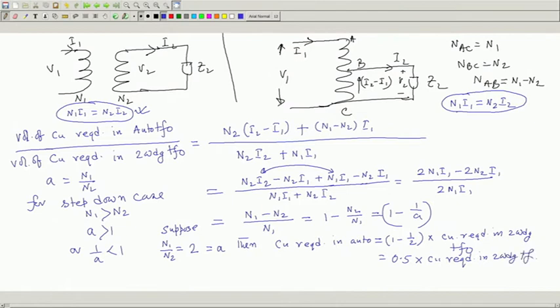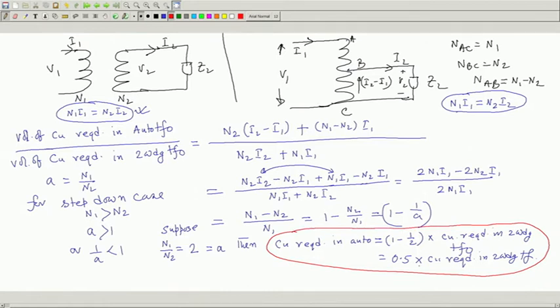So, if you require say 10 kg of copper to make a 2 winding transformer, you will be requiring only 5 kg of copper to make a auto transformer, is not. You save copper, it looks like.